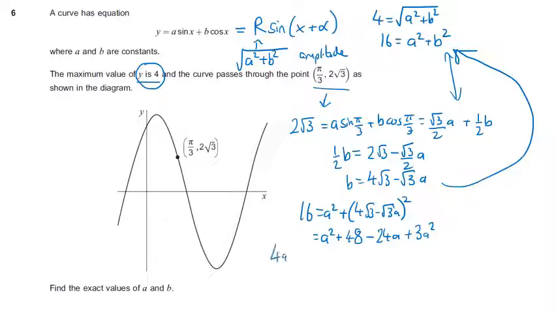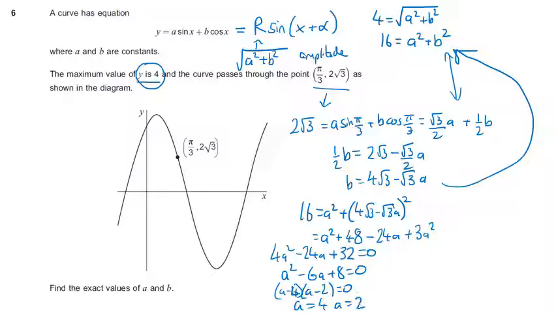I'm going to have 4a squared minus 24a, 48 minus 16 is 32. So I divide by 4, I get that. That will factorize into a minus 4, a minus 2. So I get a is equal to 4 or a is equal to 2.